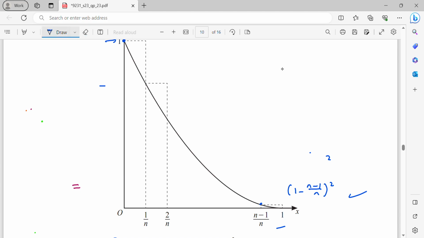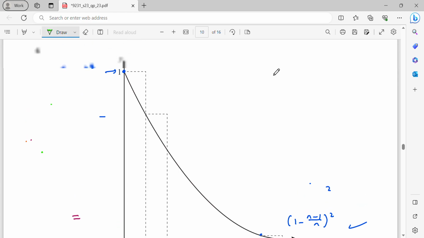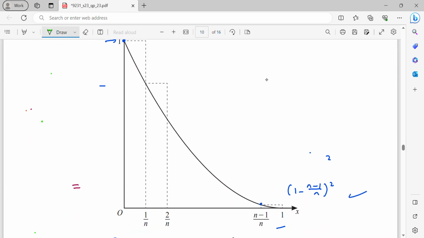So instead of using the first ordinate, just now we are using the second ordinate of the first rectangle. Then for the next rectangle, it will be the 2 over N. I'm using 2 over N. Alright, so the second ordinate, which means the last rectangle is at 1, which is no rectangle.